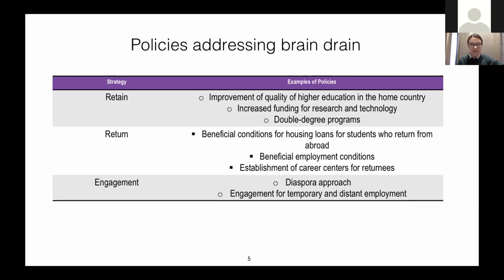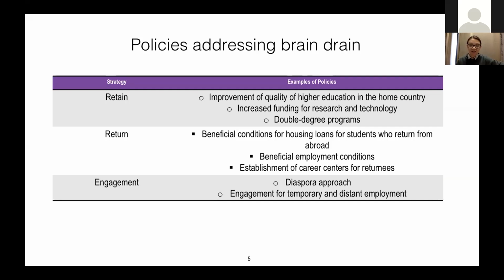Other retained policies include increased funding for research and technology, double degree programs, and other mechanisms. Return policies are aimed on returning students after their studies abroad, and those policies were in fact very successfully introduced in China.